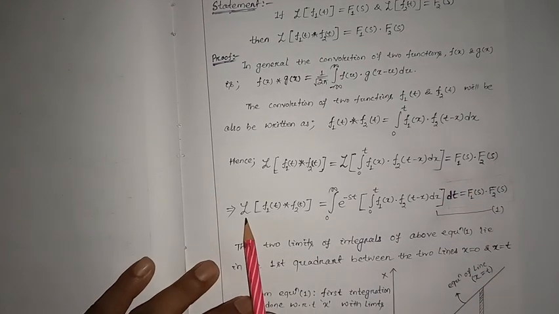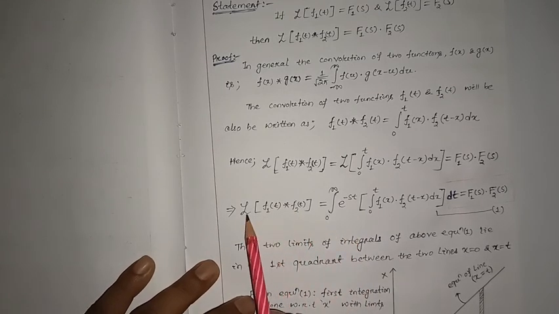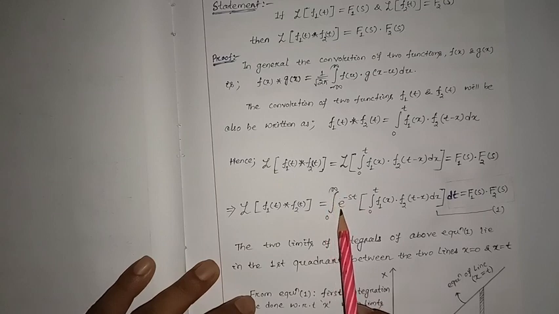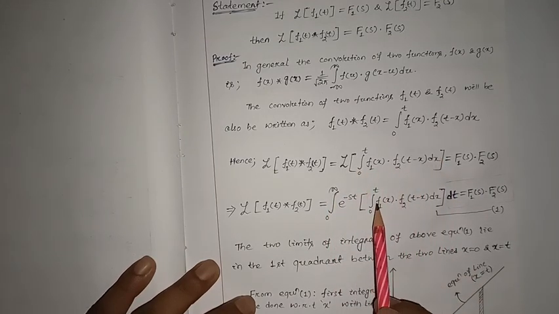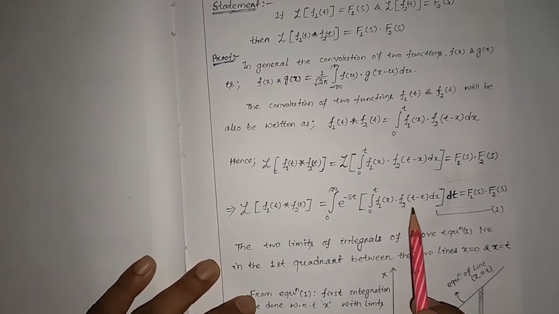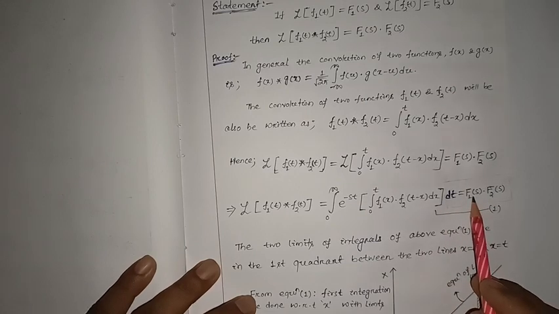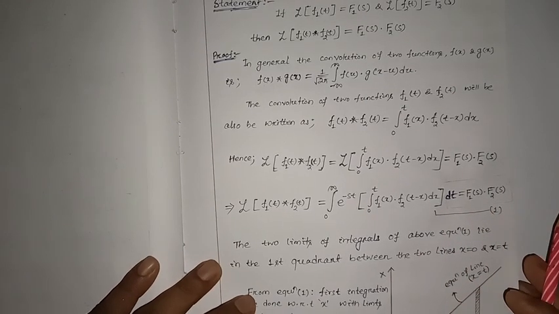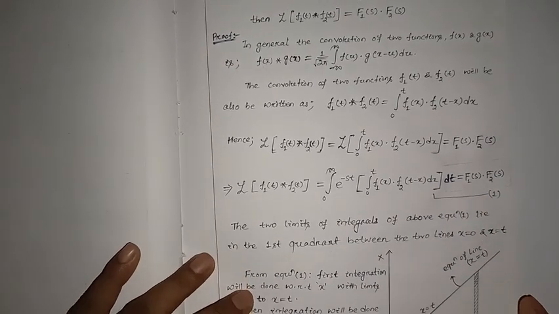That implies the Laplace transform of the convolution, where Laplace transform means the integral from 0 to infinity of e to the minus st times the entire function, the integral from 0 to t of f1(x) f2(t minus x) dx, dt, will be equal to F1(s) times F2(s). This is what we intend to prove. Let this be equation number 1.